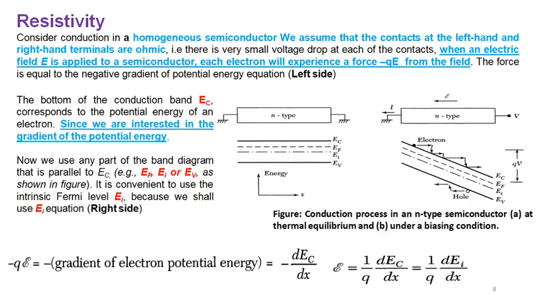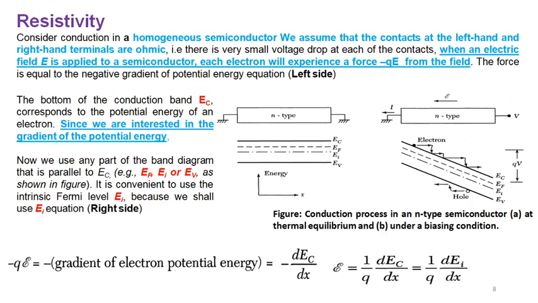When we apply the field, then here the band gap, like we already went through, EC, Ei, which is the reference level, the Fermi level. Then we can write the equation F equal to minus qE, minus the gradient of electron potential energy, and that minus F is equal to minus dEC by dx, meaning the change of potential energy with respect to the distance.